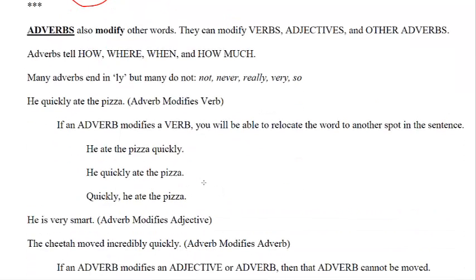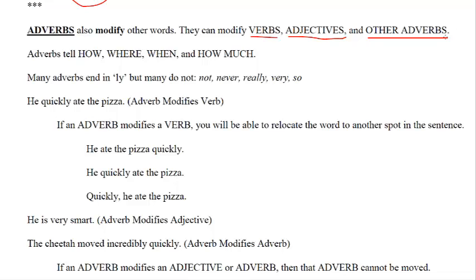Adverbs are more complicated than adjectives, but just like adjectives, they have to modify things. Adverbs also modify other words. However, adverbs modify verbs, adjectives, and other adverbs. Now remember, adjectives only modify nouns and pronouns. But adverbs can modify verbs, adjectives, and other adverbs.